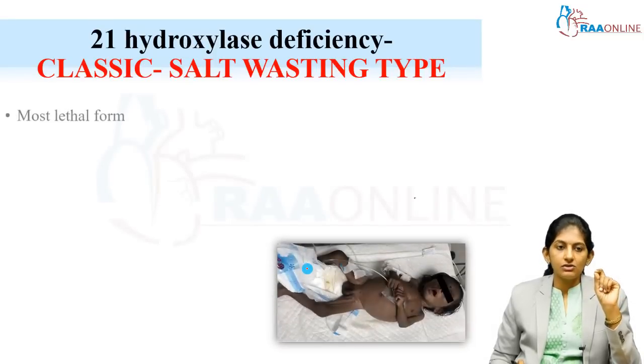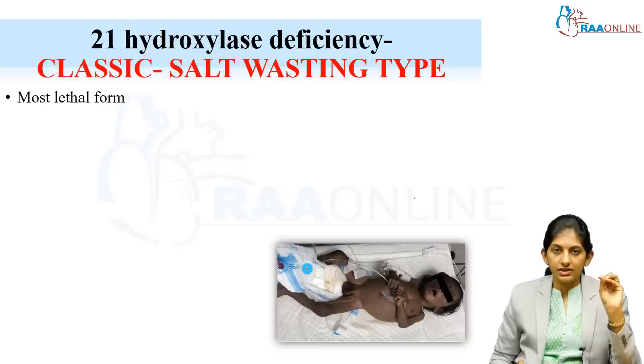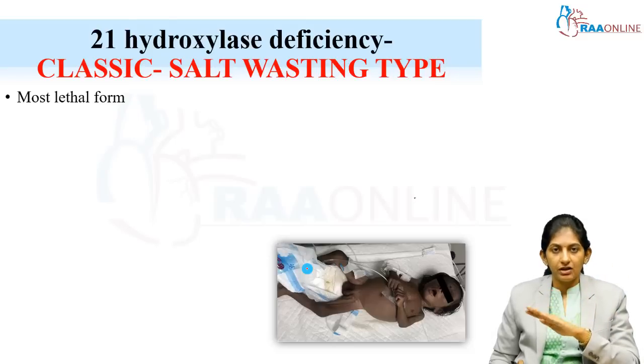So we will talk about the classical salt wasting type, which is going to be the most lethal form. Look at the baby: very dehydrated infants, newborns presenting to us with severe dehydration, severe shock, no peripheral pulses. You get such a picture and see the pigmentation, generalized hyperpigmentation. Look at the genitals.